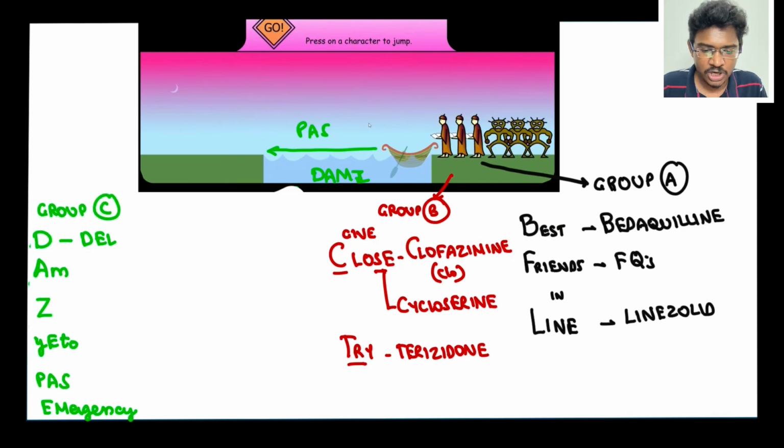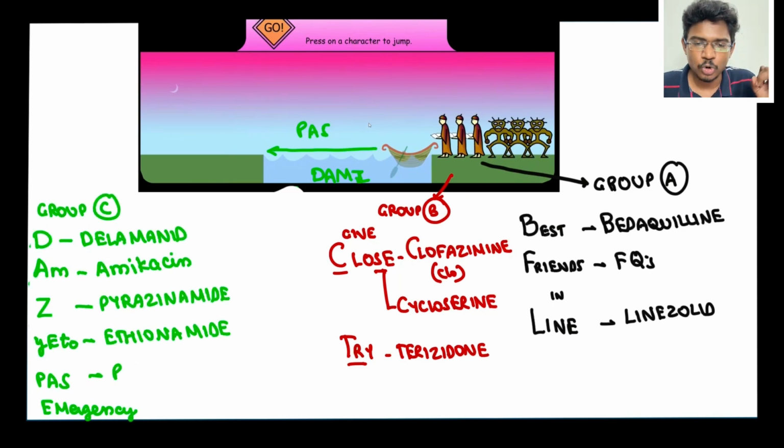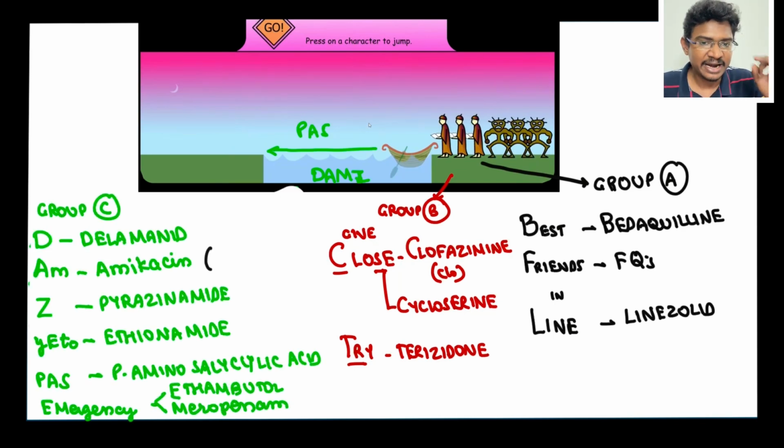So what is this? Best friends: B, bedaquiline, F, fluoroquinolone, which is moxifloxacin, and linezolid, and they are giving a close try: clofazimine, and close SC, cycloserine, terizidone. Why are they giving a close try? To cross a dam.